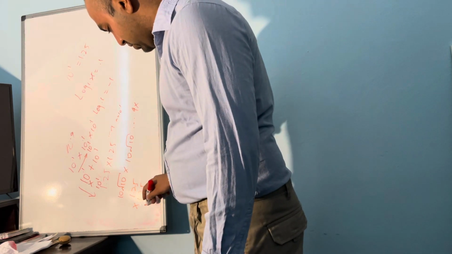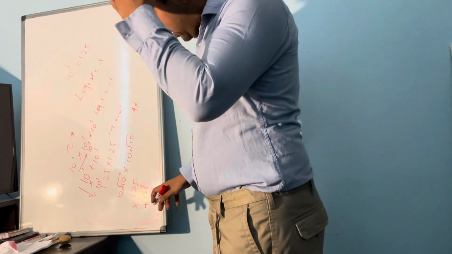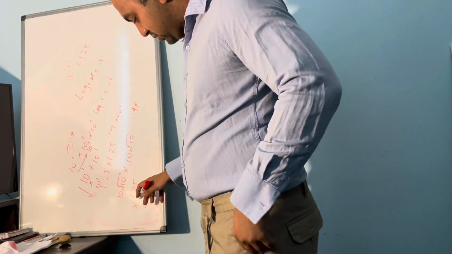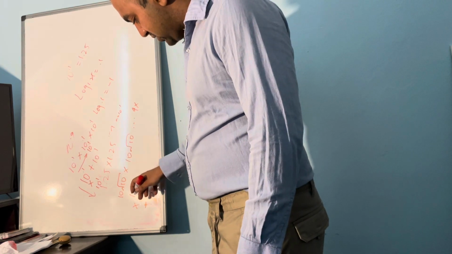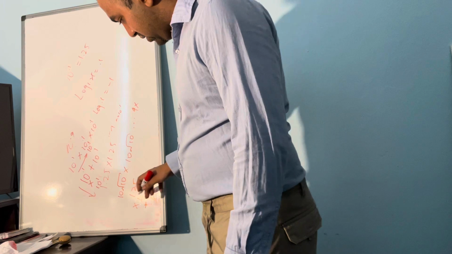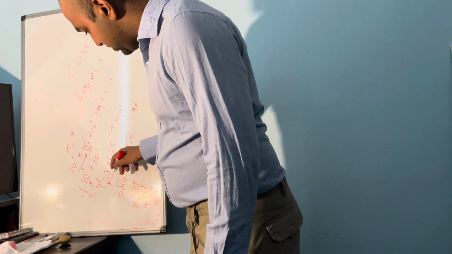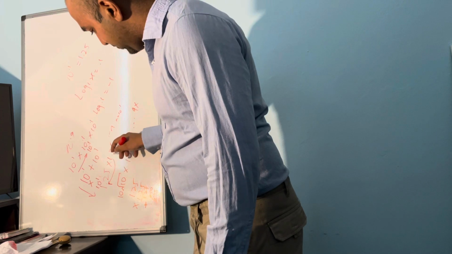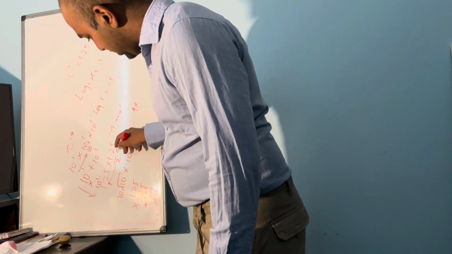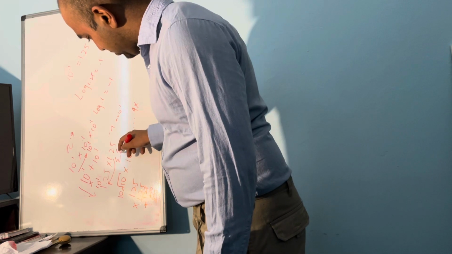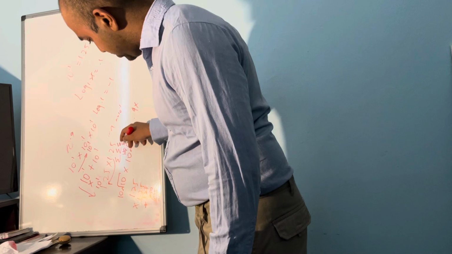It's a summation. When you multiply it, you get a summation based on each digit: this summation, this summation plus 1 decimal place, and this summation plus 2 decimal places.